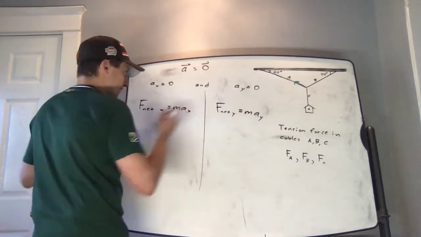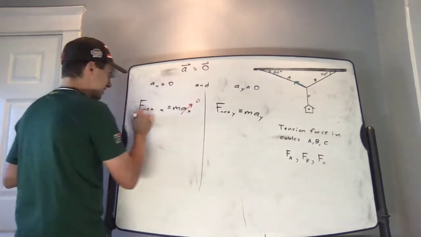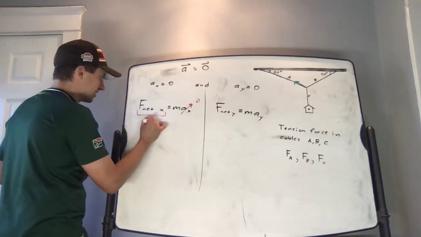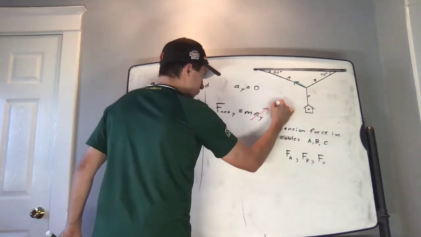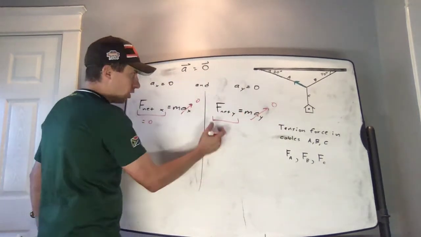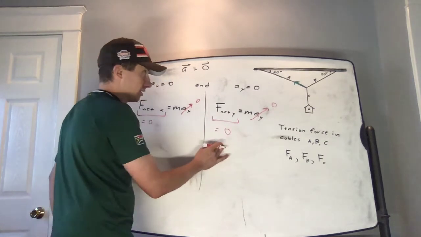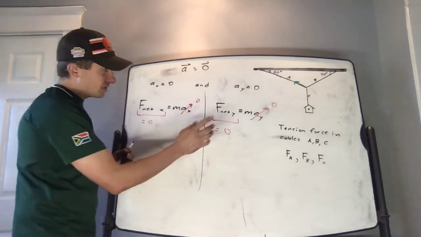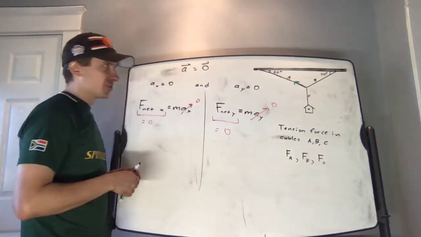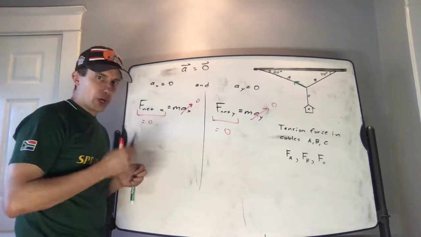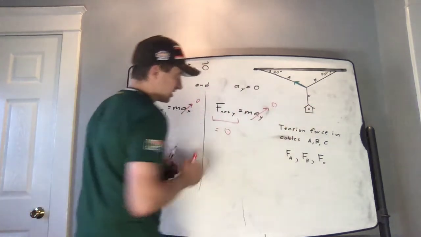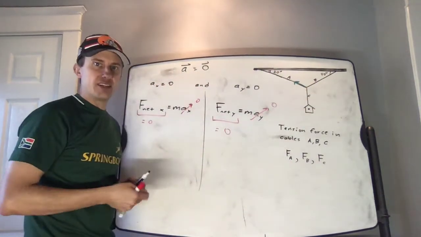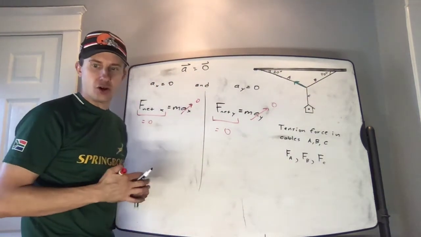And we said if ax is 0, that implies the sum of all the forces in the horizontal direction must add to 0. And if ay is 0, the sum of all the forces in the vertical direction must also add up to 0. So we want to find the tension in each of the cables that is holding up the birdhouse. We are given the mass of the birdhouse as 5 kilograms and the angles of cables A and B. Cable C is assumed to be perfectly vertical.